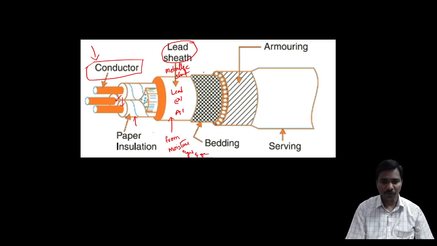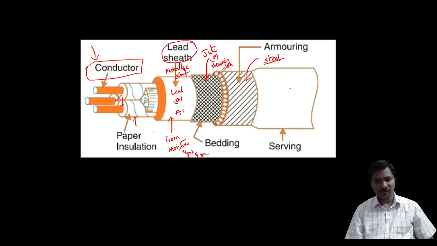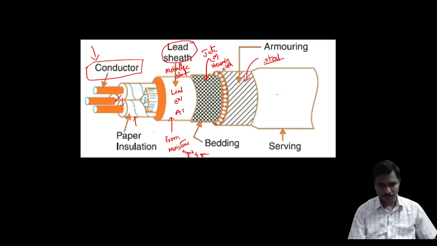After that we use bedding to reduce the mechanical stress, so jute or hessian cloth. And then armoring. Generally we use steel armoring to get mechanical protection for all these parts. In this way we construct the underground cable.